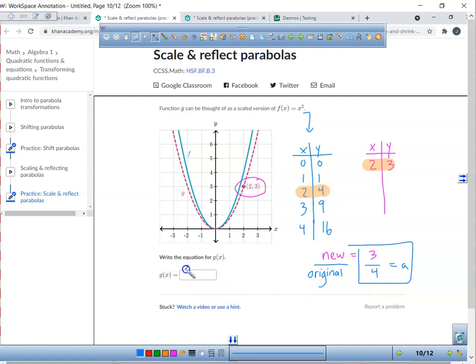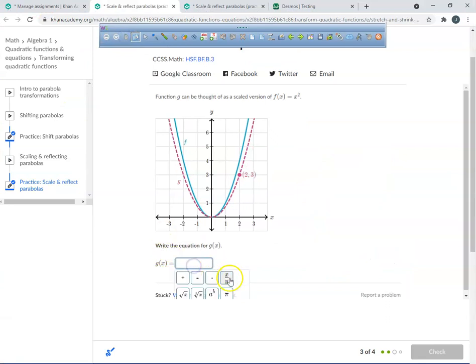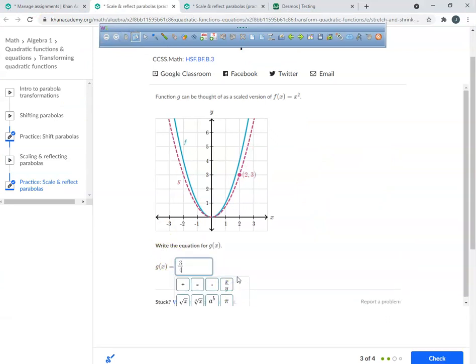So my new value is 3/4 x squared, and I'm done. So I'm going to go over to my desk, type in 3/4 x squared, and call it a day because that's all I can do.